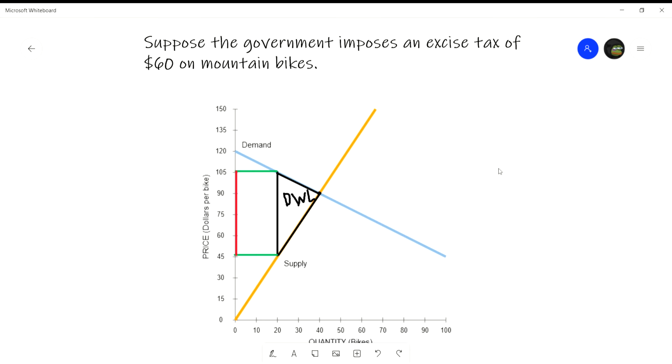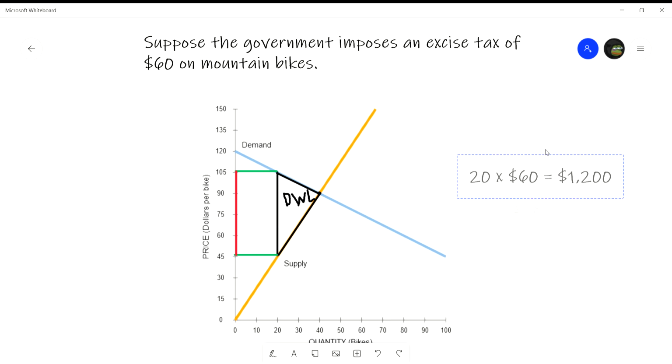So if we want to find tax revenue, we need to look at the quantity sold, which is going to be 20, our new quantity, times the amount of the tax, which is $60. That's going to give us a total tax revenue of 20 times 60, which is $1,200. So this is our tax revenue here.